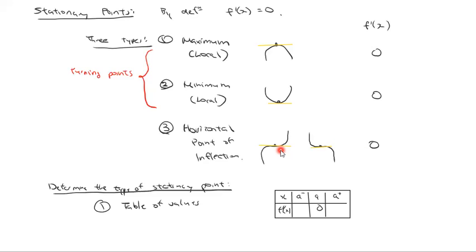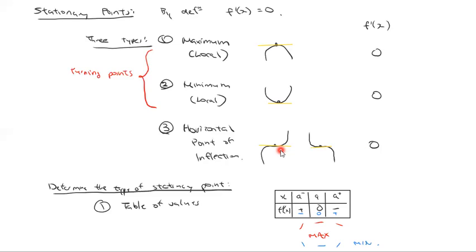Depending on, for example, if this was positive, 0, negative, that would imply something like this, which would imply a max. And of course, if the reverse happened, if we had negative, 0, positive, that would imply something like this, which would imply a minimum.